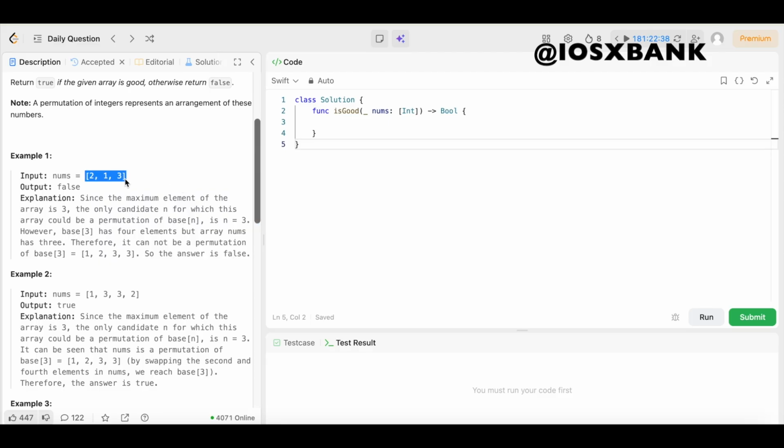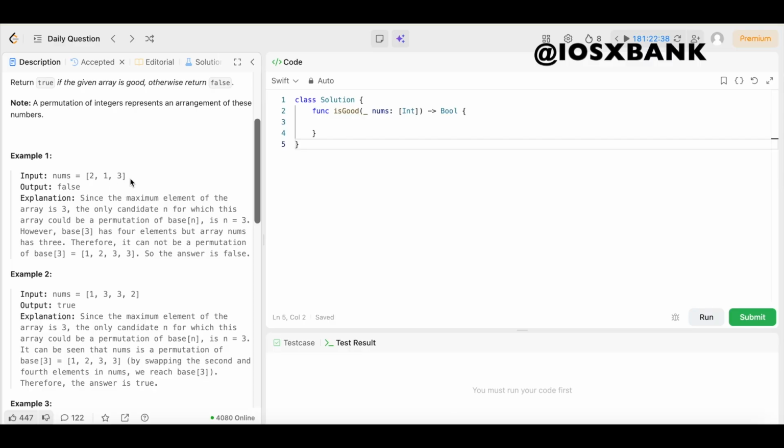So in this case, we have this array right here. The biggest number in this array is 3, right? So that means n would have to be equal to 3. So if n equals 3, that means we are going to need a count of 4. There's only 3 elements, but it should have 4 because there needs to be 2 occurrences of 3.